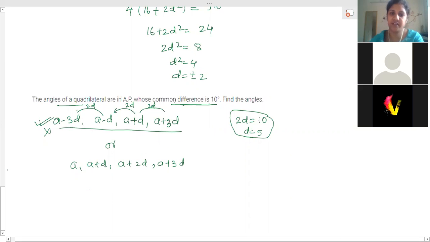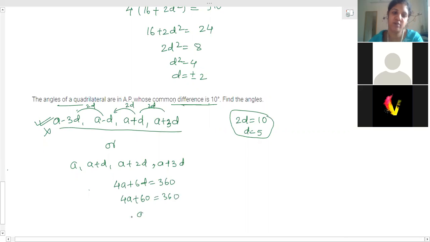So now do it. D they have already given. And what they have given, common difference is 10, find the angles. Sum of all these angles is equal to 360. 4A plus 6D is equal to 360. Out of that D is 10. So 4A plus 60 is equal to 360.